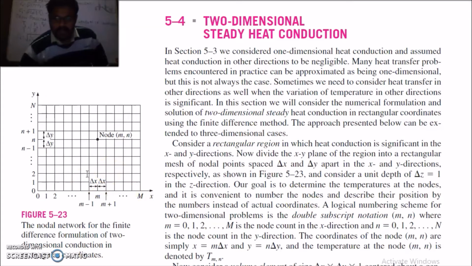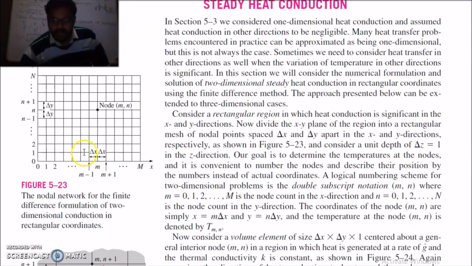So our goal is to determine the temperature at the nodes, and it is convenient to number the nodes and describe their position by numbers instead of actual coordinates. A logical numbering scheme for a two-dimensional problem is the double subscript notation, m,n. So you will represent this node by m and n, where m varies from 0 to M and n varies from 0 to N.